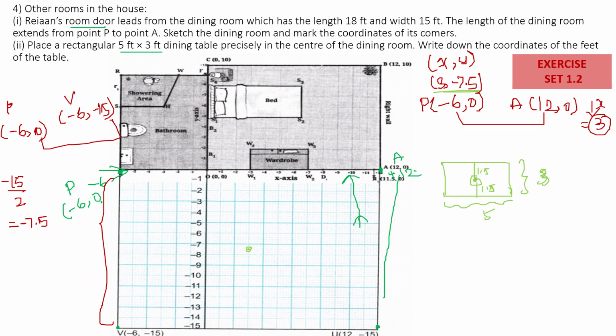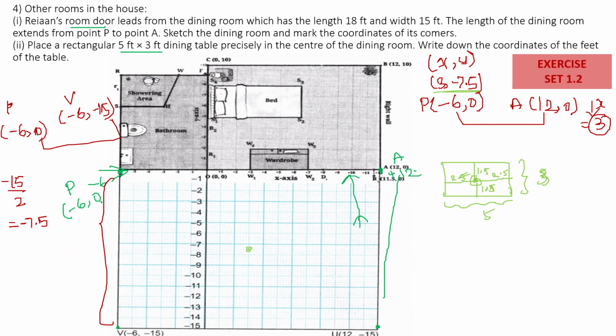That means 1.5 and 1.5, it will be 3 feet width, and then the 5 feet length. From this center point, 5 feet again you divide into 2, so you will be getting 2.5 towards your right and 2.5 towards your left. So this is how we are going to mark the table.